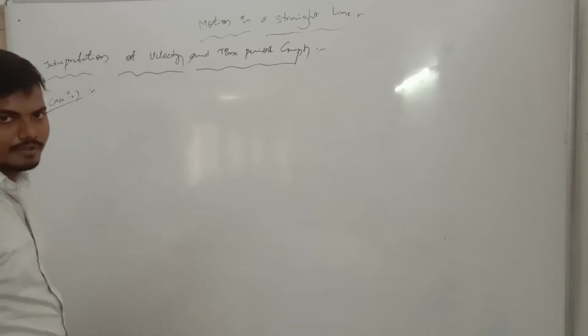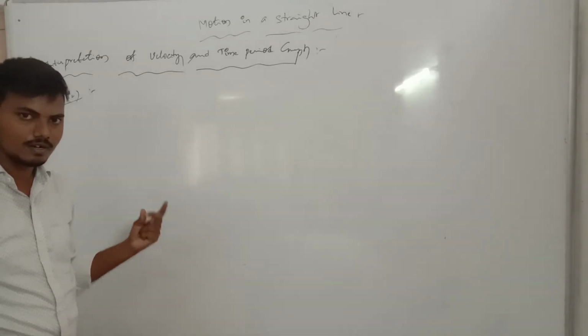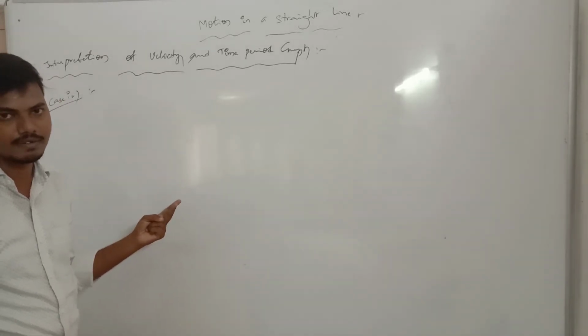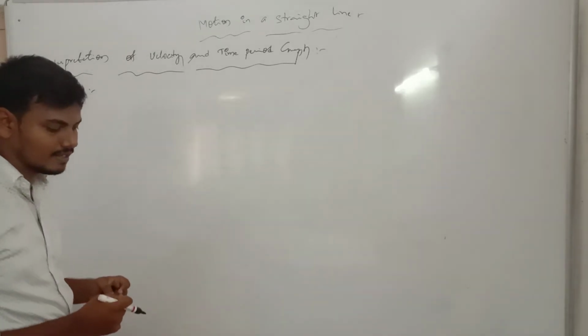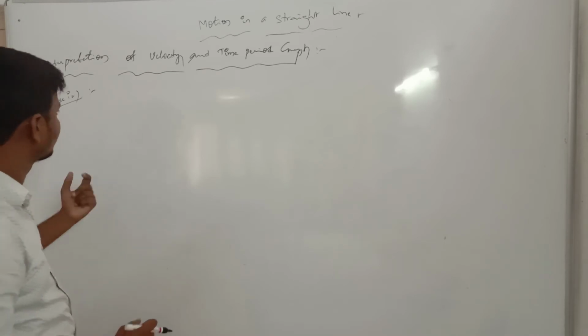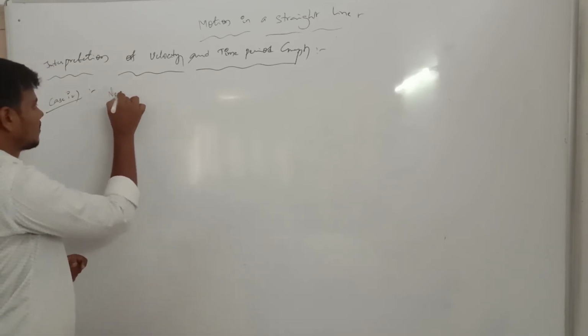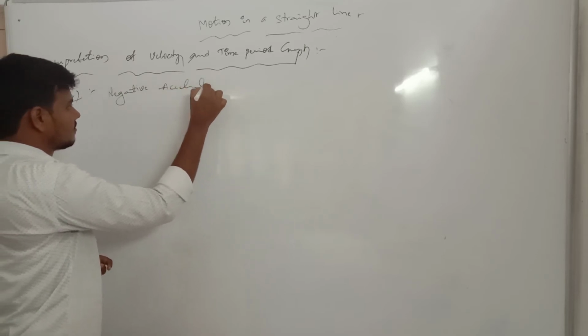First one: uniform acceleration. Second one: non-uniform, where acceleration will go to 0. Third one: retardation. And fourth one: negative acceleration.